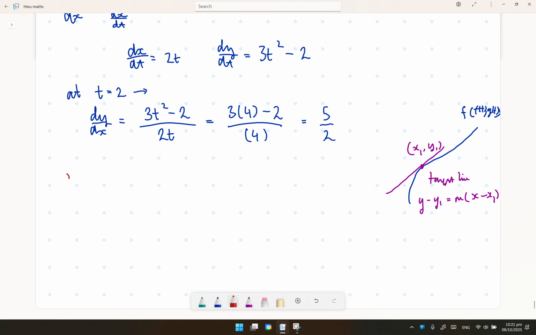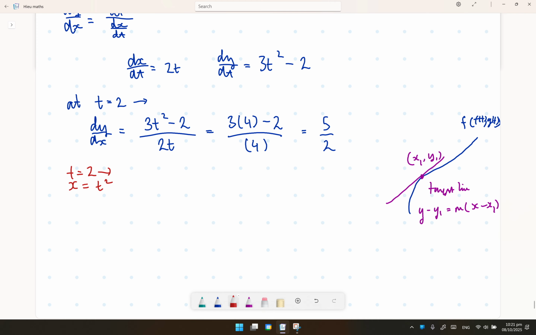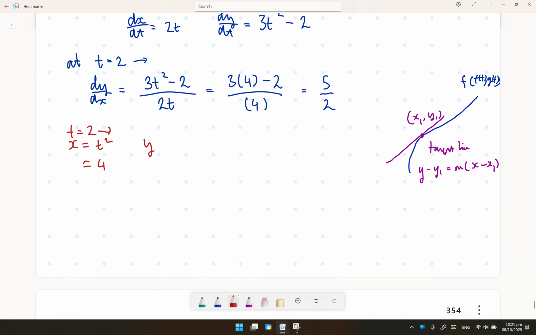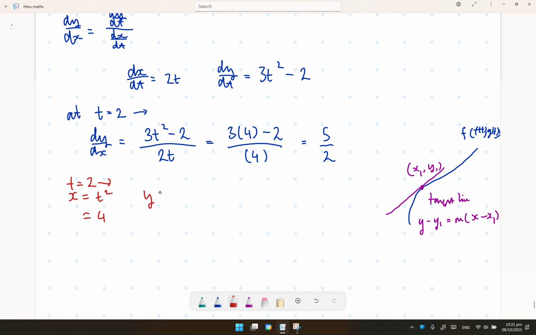So let's find x at t equals 2. And what is x? X is t squared, right? X is t squared. So therefore, at t equals 2, x is equal to 4. Y equals t cubed minus 2t.